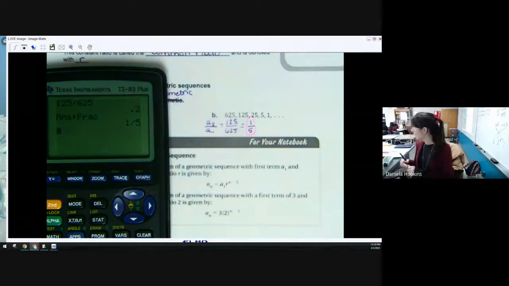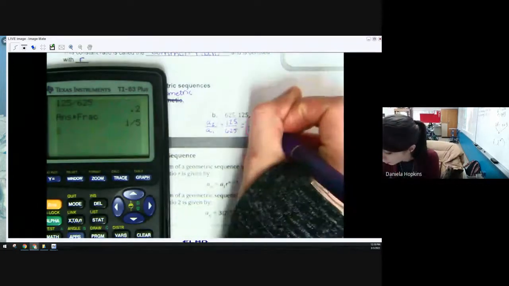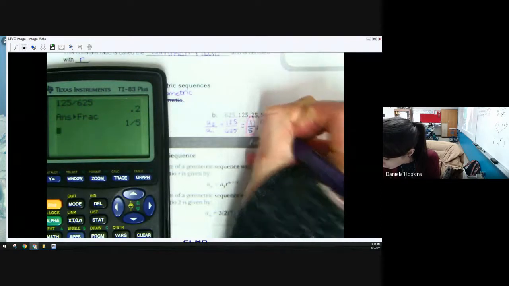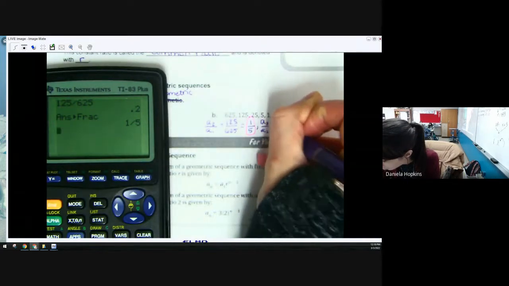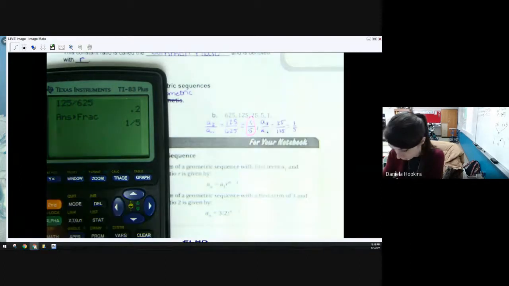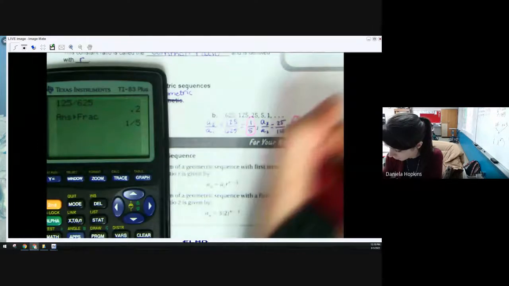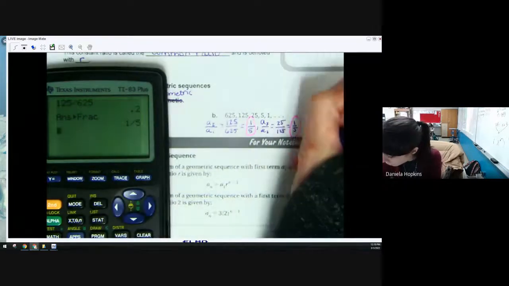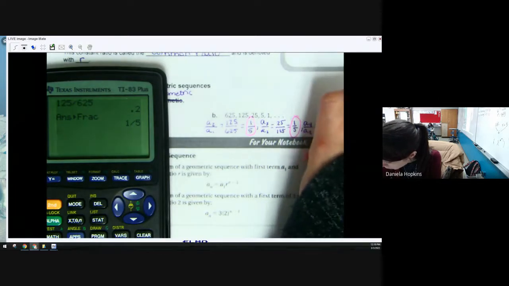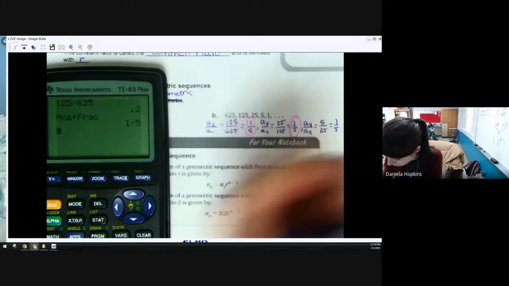All right, so that was my a2 over a1. My next term is going to be a3 over a2, which would be 25 over 125, which reduces to 1/5. Then I have to do a4 over a3, which will be 5 over 25, which again reduces to 1/5.